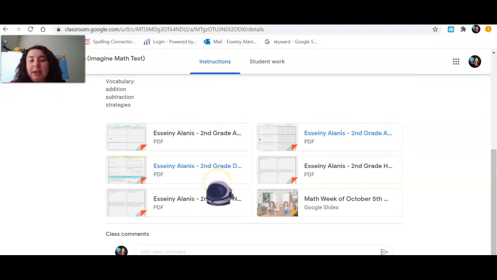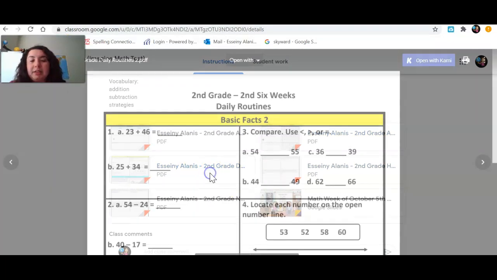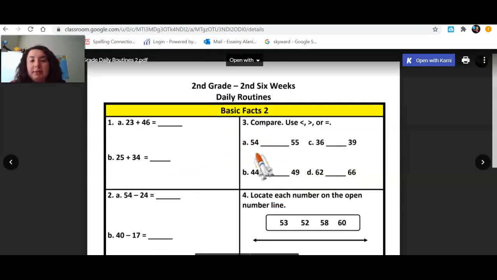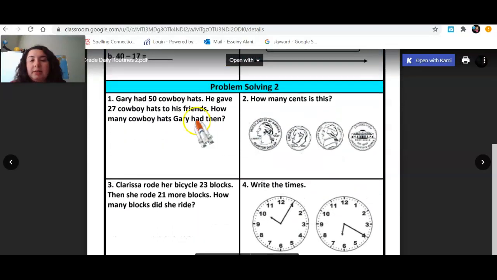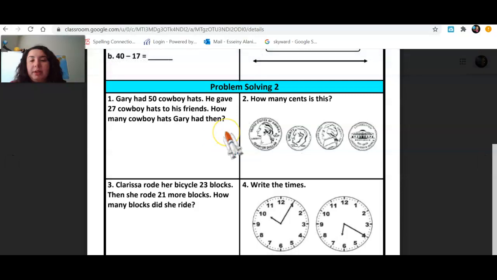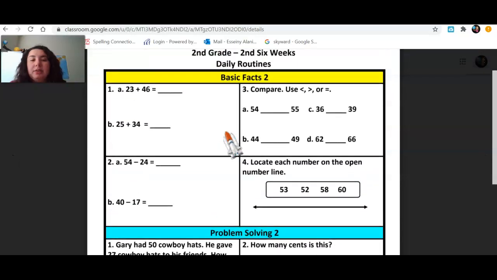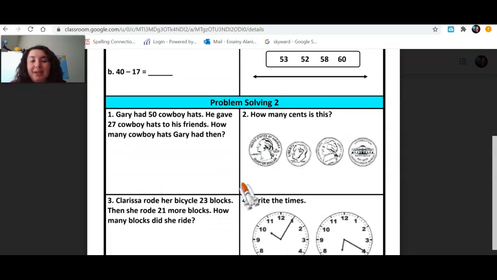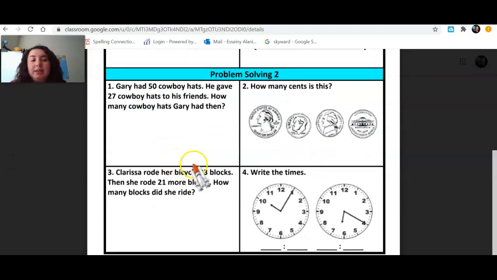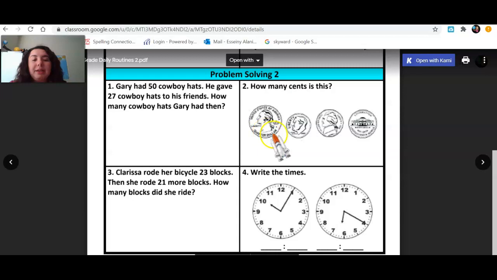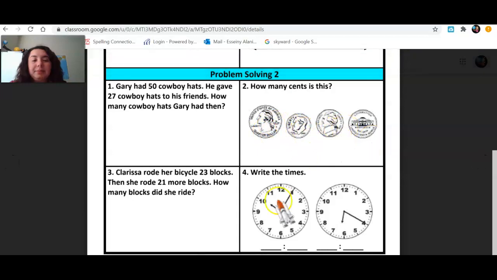Now we're going to look at our daily routines. Remember, you have your daily routines that we have been doing every day, so you should be able to do this by yourself, okay? Because this one, the same thing. For the word problems, you make the list. For the coins, make sure that you label the coins.